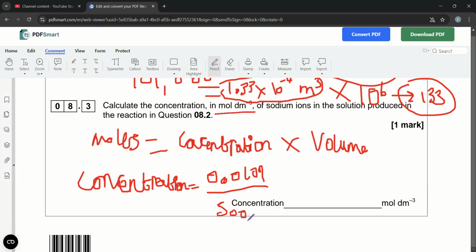To get from centimeters cubed to dm cubed, we can divide by 1000, so times 10 to the power minus 3, and that will give us 0.0109 all over 500 times 10 to the power minus 3, which is 0.0218.